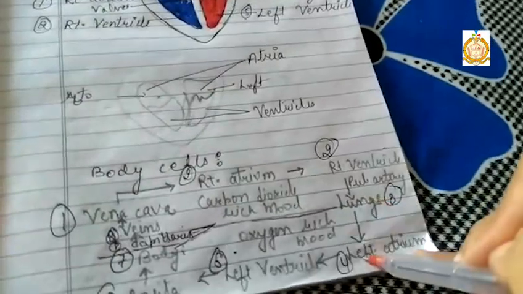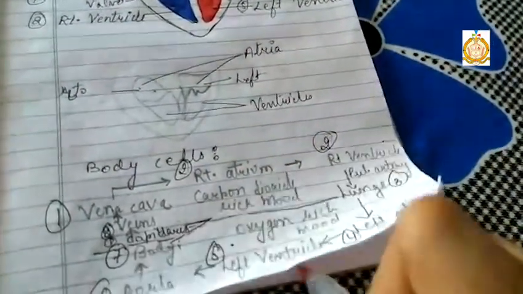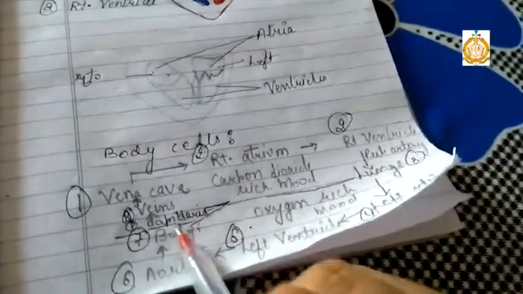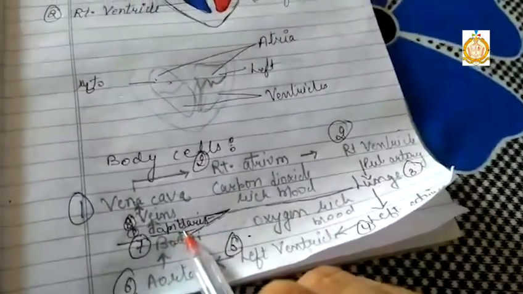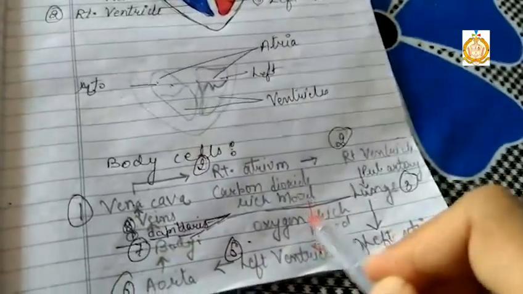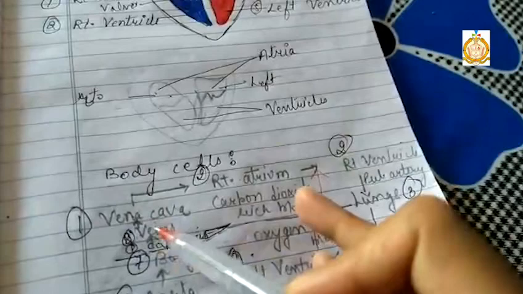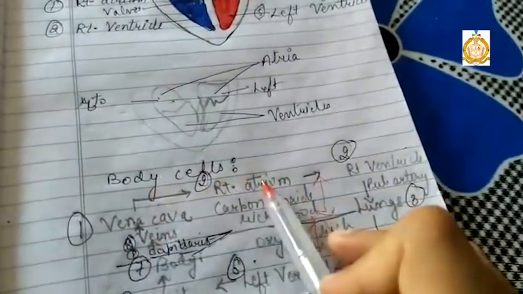Then after the lungs it passes into the left atrium, to the left ventricle, to the aorta, and then to the body cells. Body cells then pass the blood into the capillaries, from capillaries to veins, and veins to vena cava and then to the right atrium.